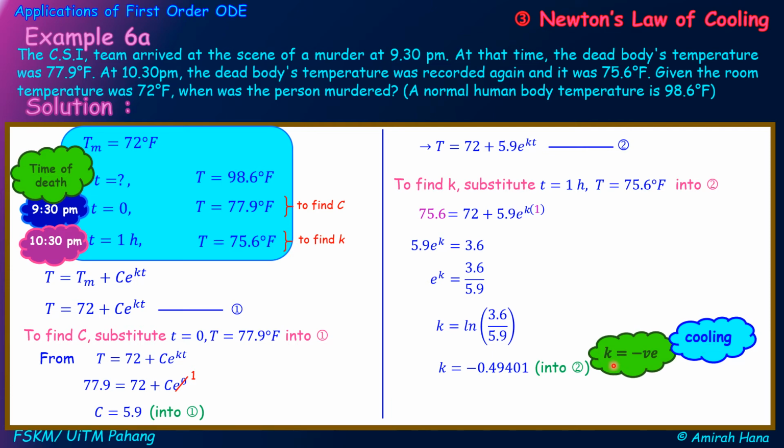That's why K under Newton's law of cooling will be negative. Then after we substitute K into equation 2, we will get this. K here, we substitute by negative 0.49401. Then we can name it equation 3, to solve the next question.